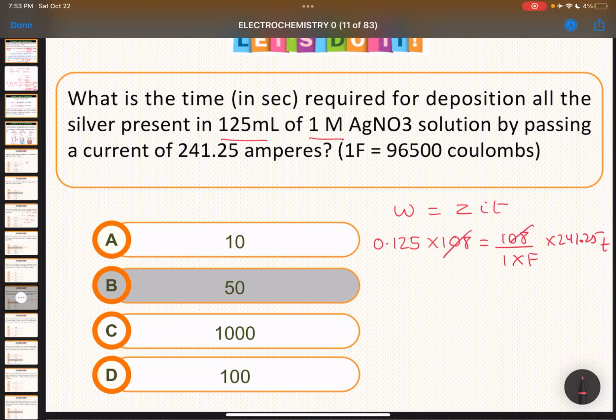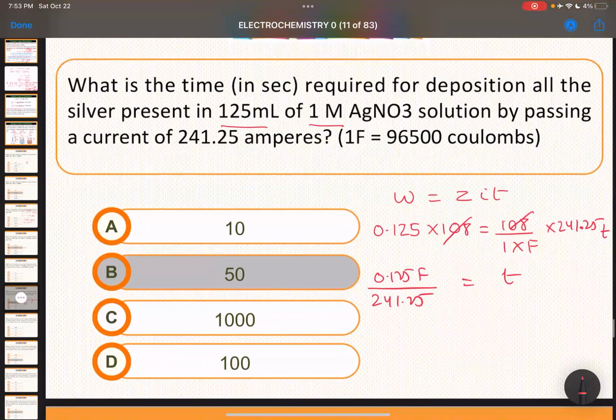Let's cancel them one by one. So this is 0.125 into F divided by the current 241.25.